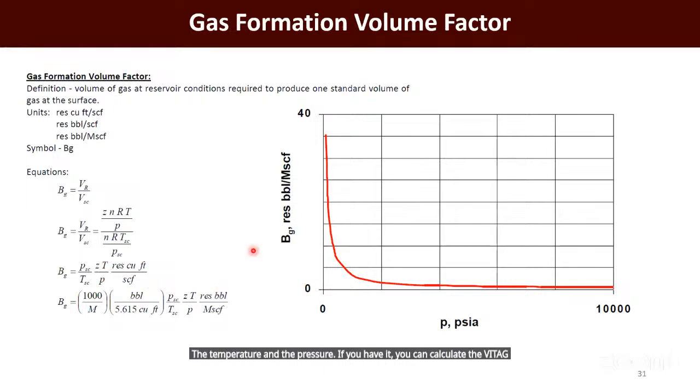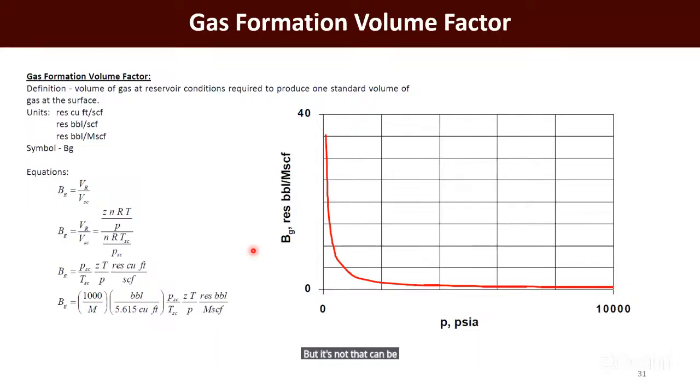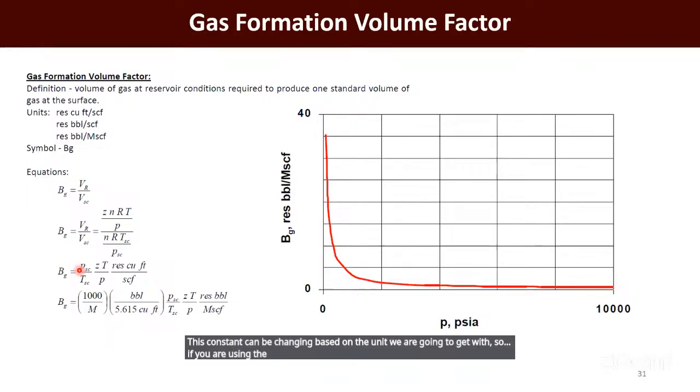The units are reservoir barrels per standard cubic feet, or it can be cubic feet per standard cubic feet. This constant can change based on the unit we are going to calculate. So if we are using this unit, the constant will be different if we use another unit.